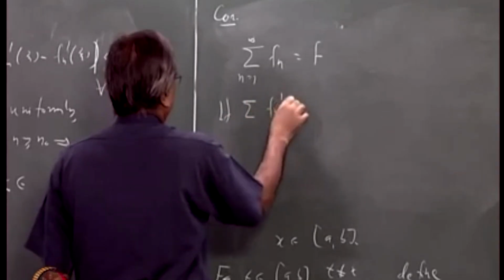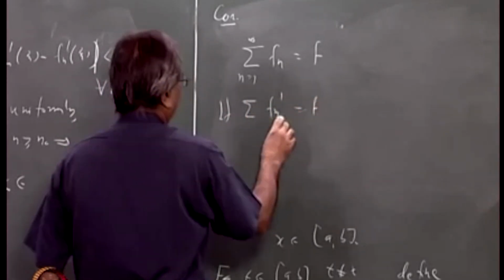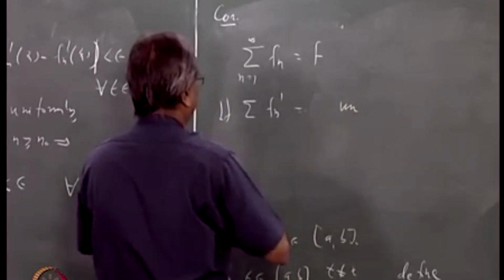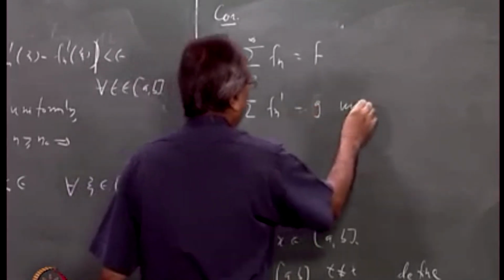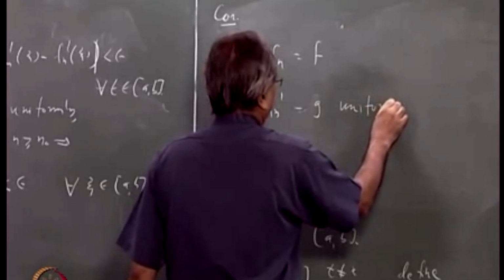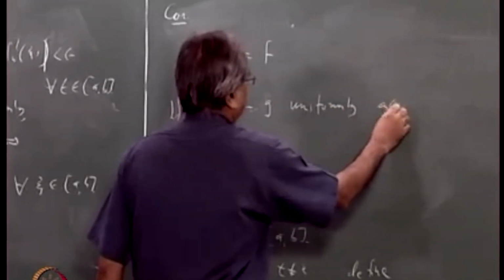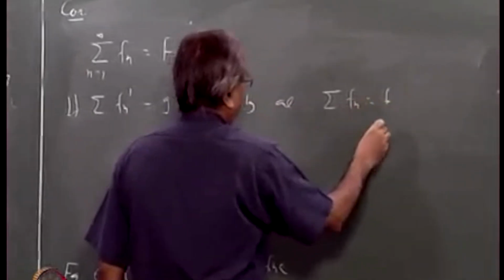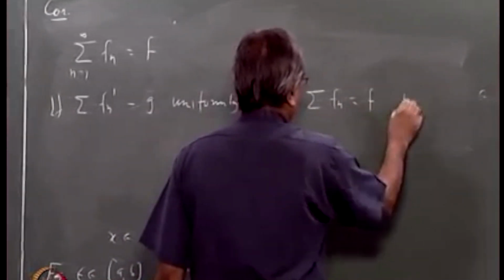sigma fn prime converges to, let us say not f now, let us call this g, uniformly, and sigma fn is equal to f pointwise, let us say.